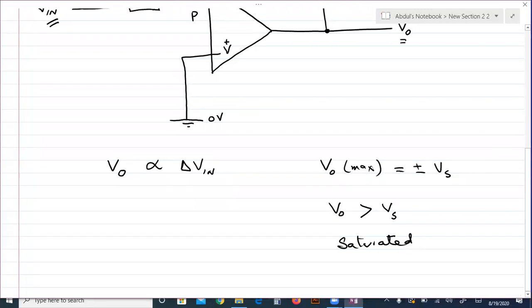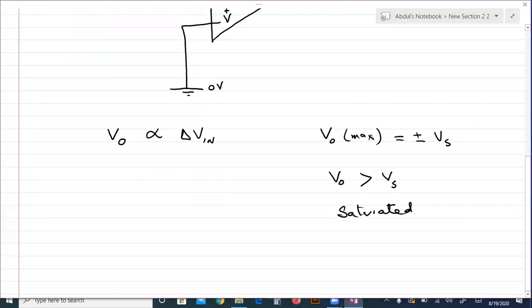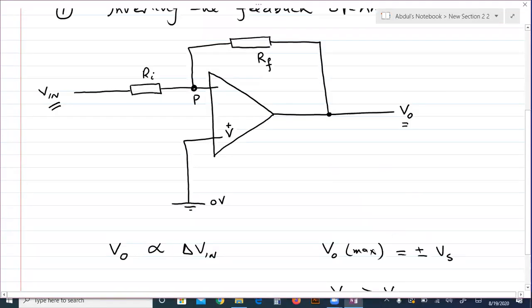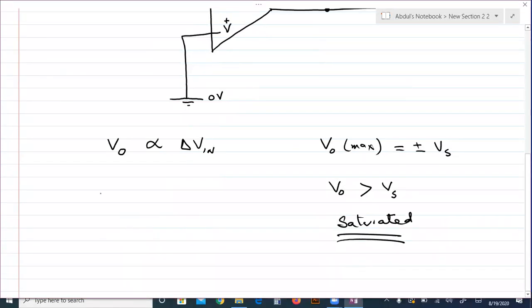So before switching on this circuit, we have to make some settings to avoid the saturation of op-amp.